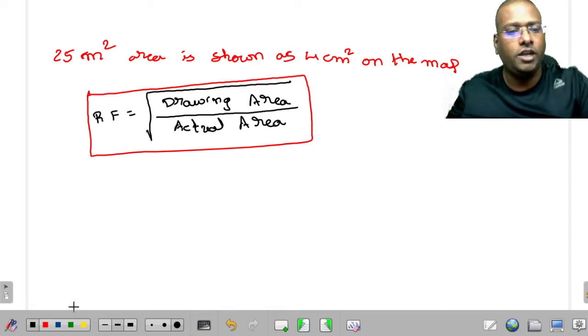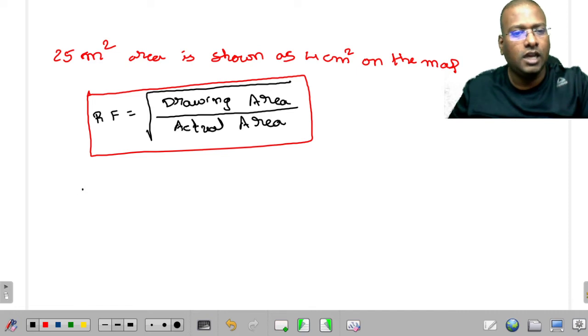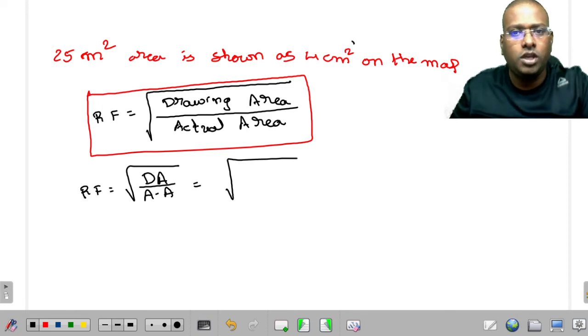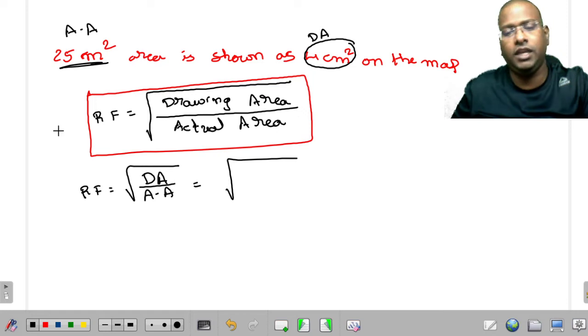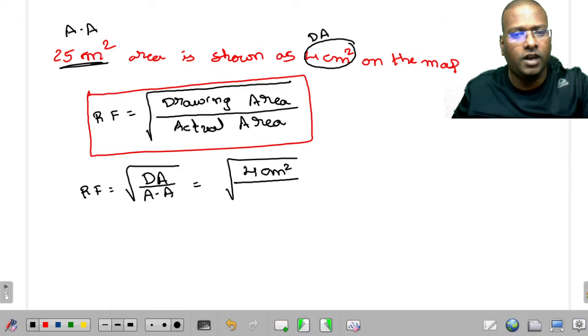So how can we find the representative factor? In this case, areas are given, therefore square root of drawing area divided by actual area. The drawing area is 4 centimeters square, and 25 meters square is the actual area. So the square root of 4 is 2.